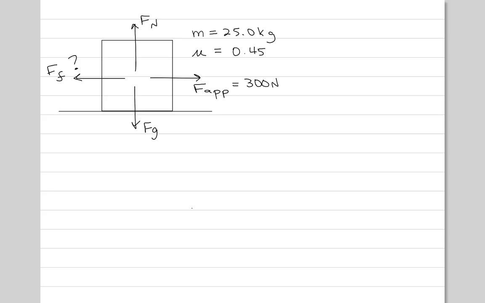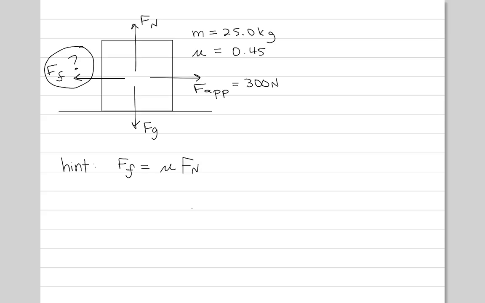That's what I want. Anybody know what the hint would be on this one? If they give you mu, FF equals mu Fn, which is essentially Fg. Good. So that's the hint on that one.